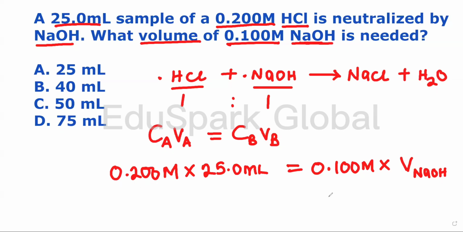Now, to find the volume of the base, divide both sides by 0.100 molar in order to isolate the V. Okay?